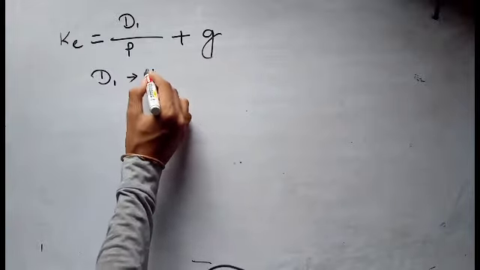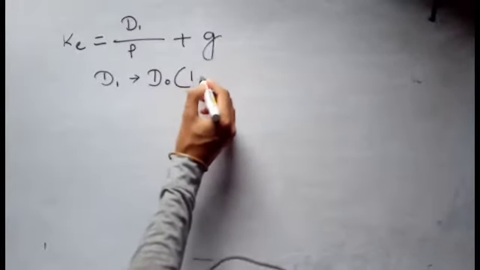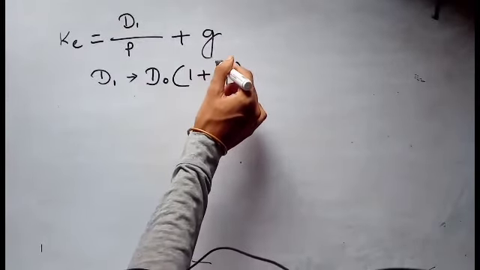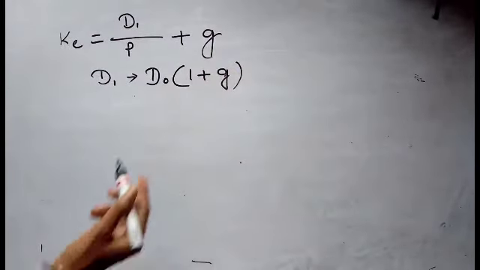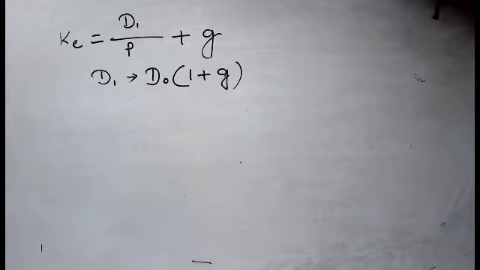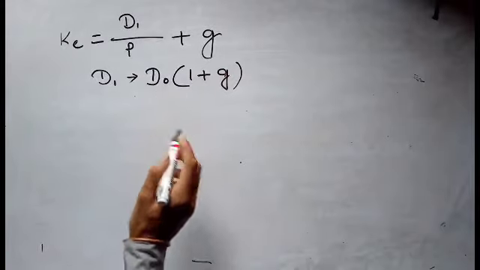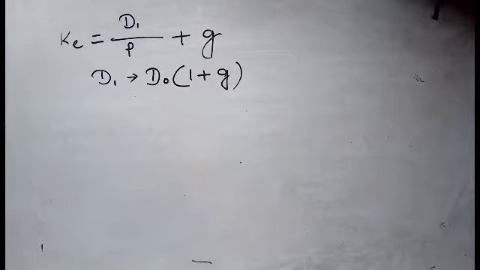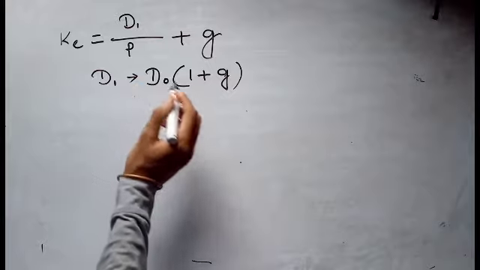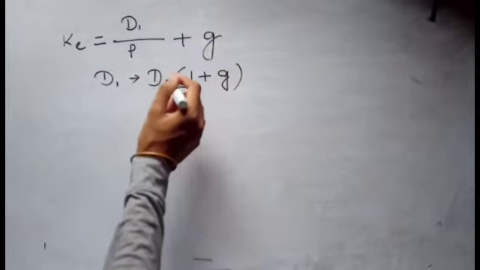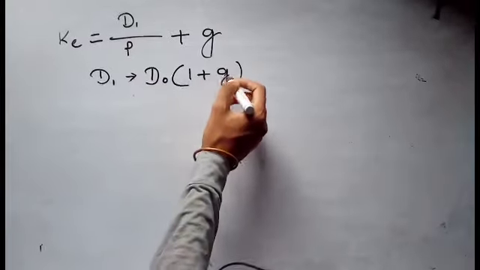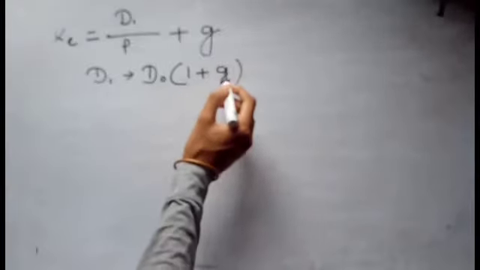Which is D0 into 1 plus G. G represents growth. Now what is the value of D0? It is the previous year dividend. To calculate the present year dividend, we accept the previous year dividend as base and add the growth as D0 into 1 plus G.